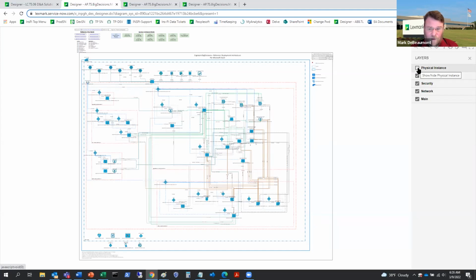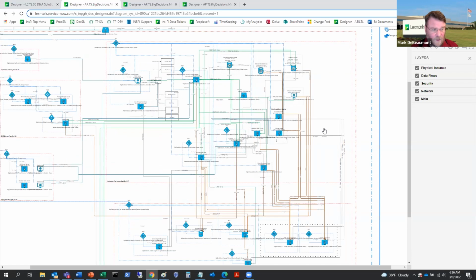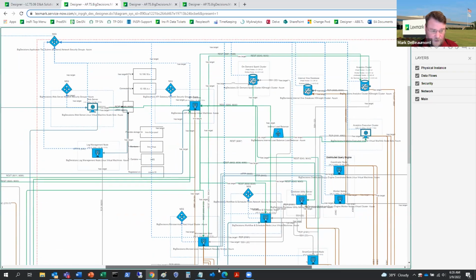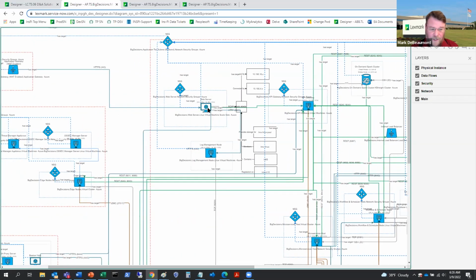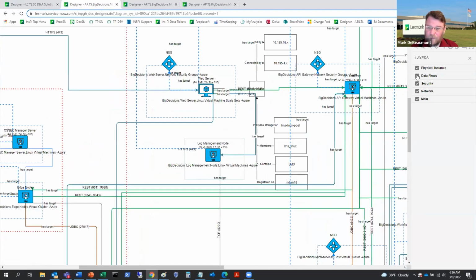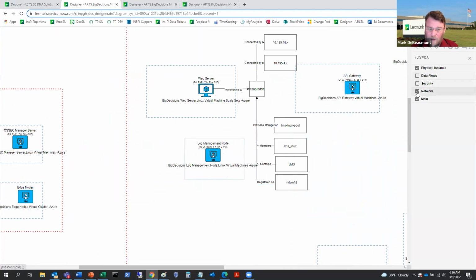And then we also have connections to the physical instance. So if we wanted to look at the physical components that are associated, and I only added one because I didn't want to mess up the diagram that much, but we can go in and we can actually look at this particular VM, which is a web server inside Azure. I can turn these off.